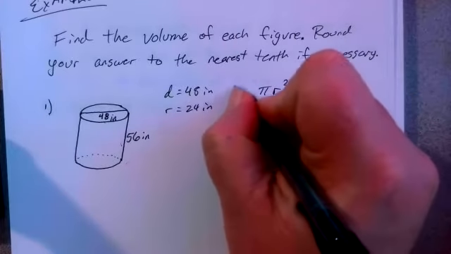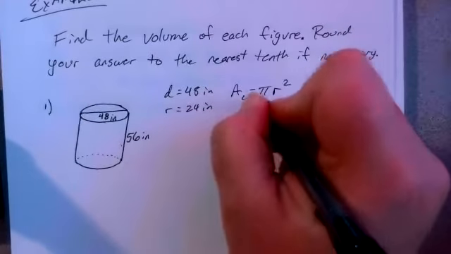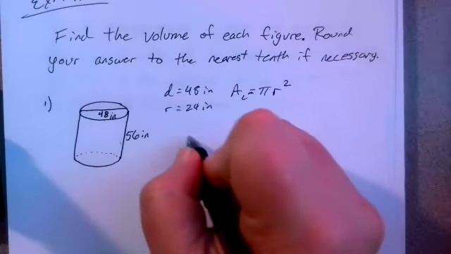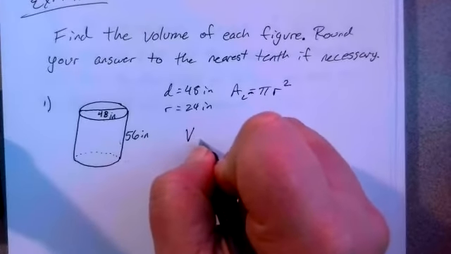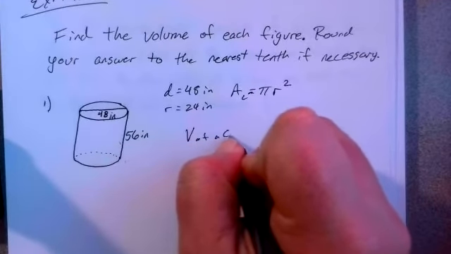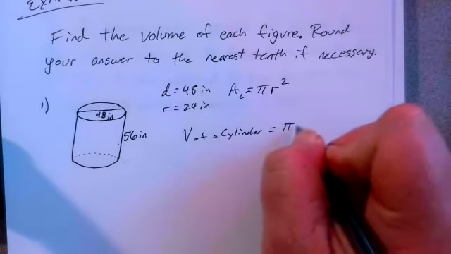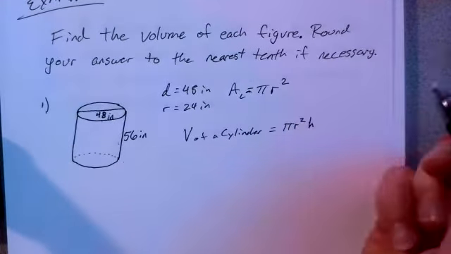So the area of a circle is going to be pi r squared. So the volume of a cylinder is going to be pi r squared h.